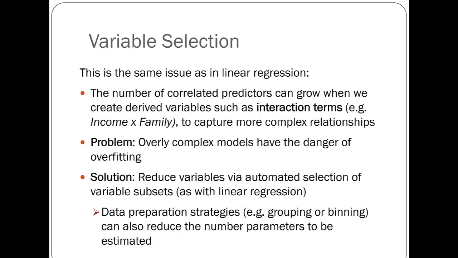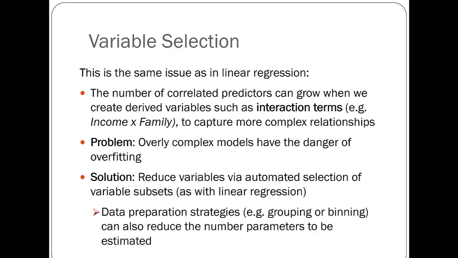When it comes to choosing which variables we're going to use, we have the same considerations as in linear regression. We want to be leery of our models getting too big, so keep in mind Occam's razor, which says all things being equal, the simplest explanation tends to be the correct explanation.